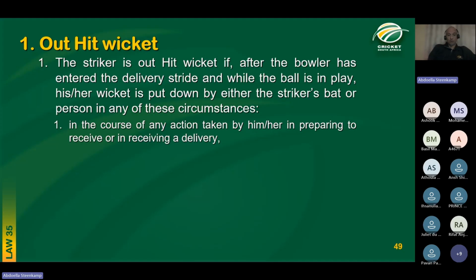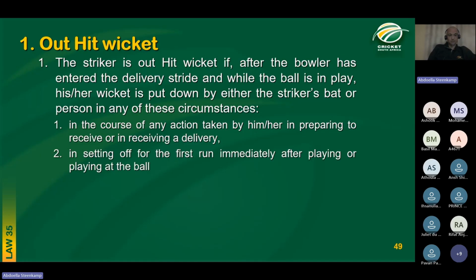Those are just two examples of actions taken by the striker while receiving the delivery. And if that is the case, and the striker's bat or body puts the bail or bails on the floor after the bowler enters the delivery stride, the striker will be out hit wicket.